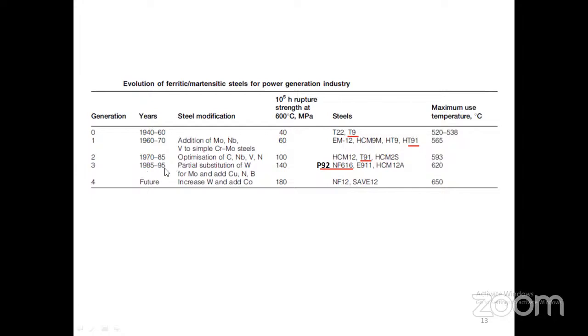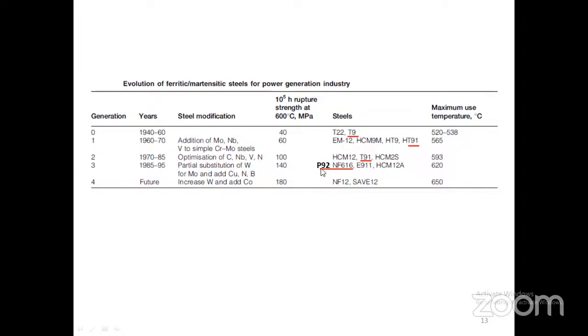In the late 90s, tungsten was added to this 9 chrome 1 moly steel. Tungsten provides solid solution strengthening, as we have seen, because of its higher atomic diameter, which gives lattice strain.